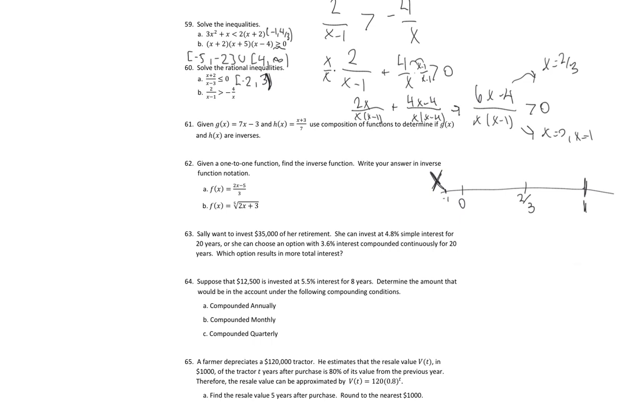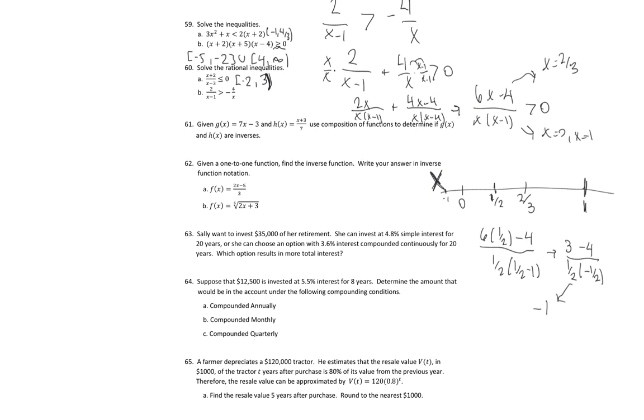Something between 0 and 2/3, well, 1/2 is in between. 2/3 is like 0.67, if that helps you visualize it. So if I try 1/2, I'll do 6 times 1/2 minus 4 over 1/2 times 1/2 minus 1. 6 times 1/2 is 3, minus 4. 1/2 minus 1 is negative 1/2.